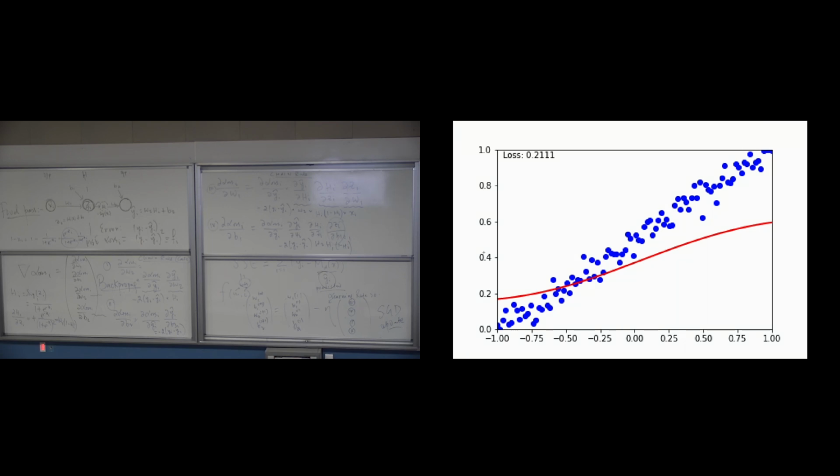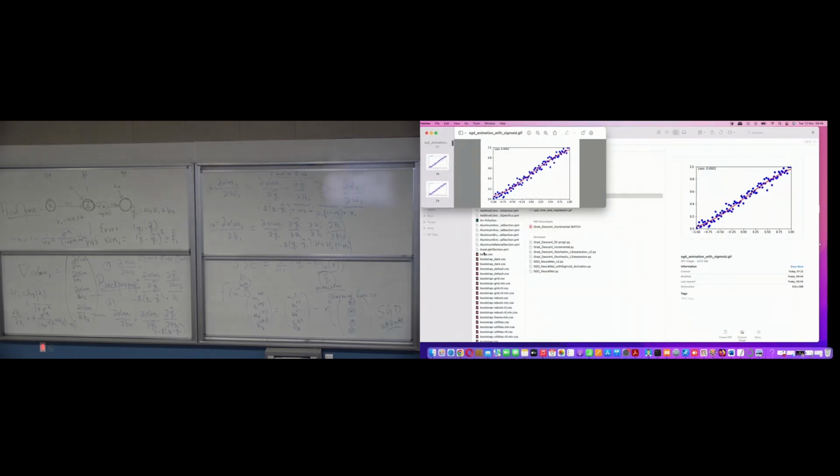That's the curve, right? And slowly it adjusts itself. This is with 10 neurons in the hidden layer. You see very quickly it more or less starts approximating the data.